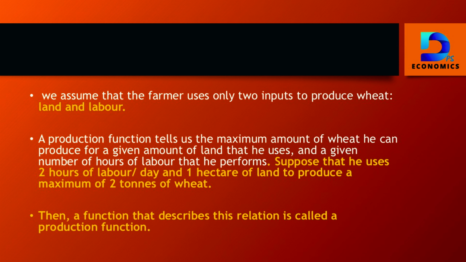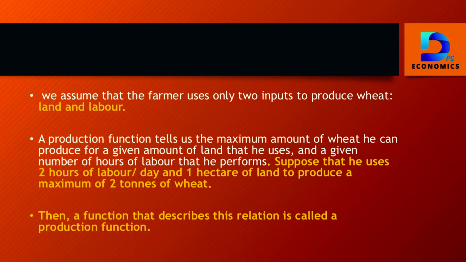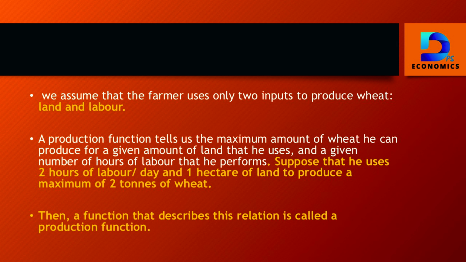A production function tells us the maximum amount of wheat he can produce for a given amount of land that he uses and a given number of hours of labor that he performs. Suppose that he uses 2 hours of labor per day and 1 hectare of land to produce a maximum of 2 tons of wheat.